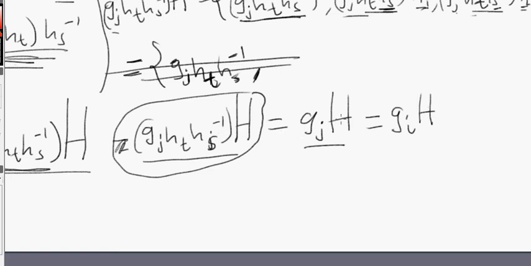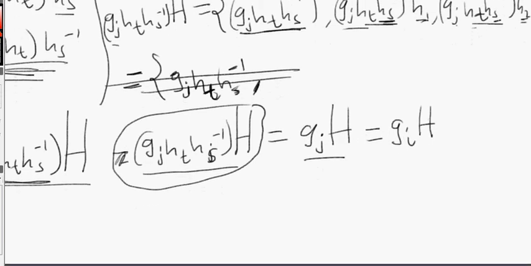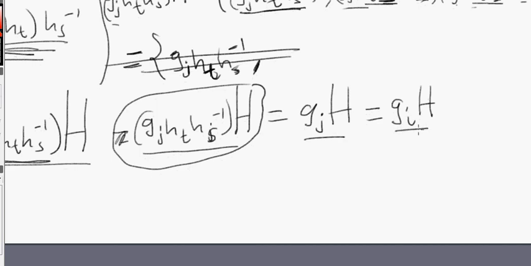So, in particular, think about why it is important that we've been able to conclude that GJH equals GIH if GJH intersect GIH is not empty. What's the significance of this result?